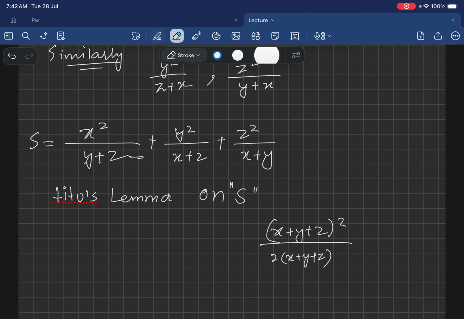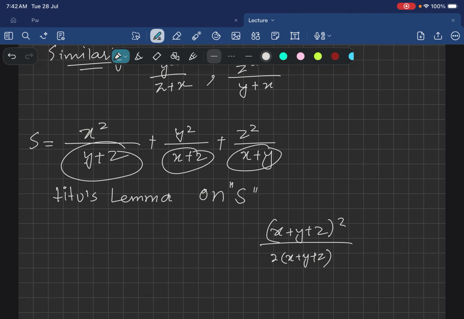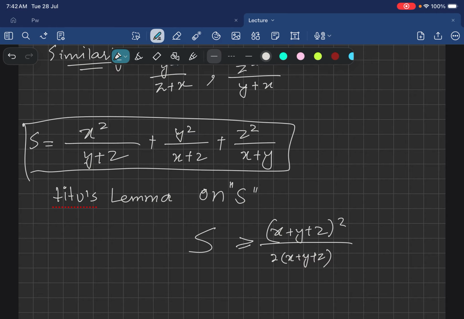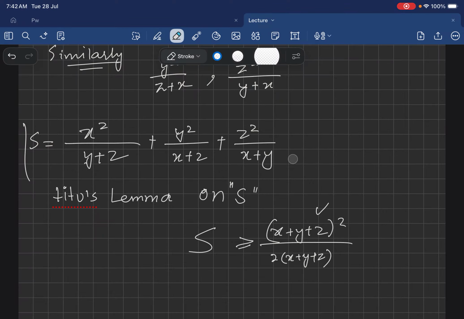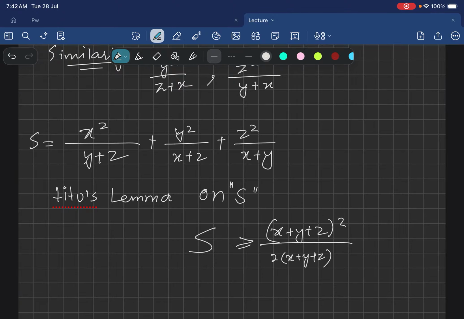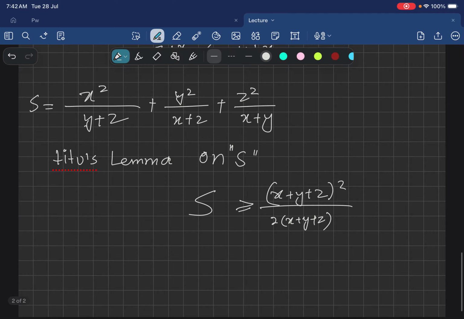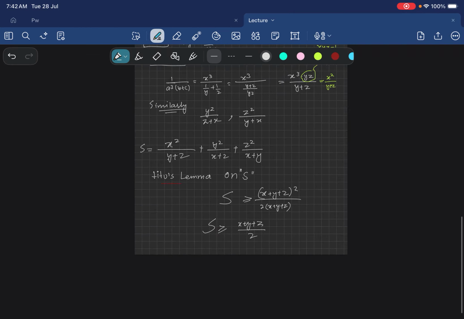S would always be greater than this. This is what Titu's lemma says. So in the numerator you convert the sum of squares into a square of the sum, and then from there you could deduce this. So by Titu's lemma you get this, and then x plus y plus z cancels out with the upper one, and then you get (x plus y plus z) over 2.